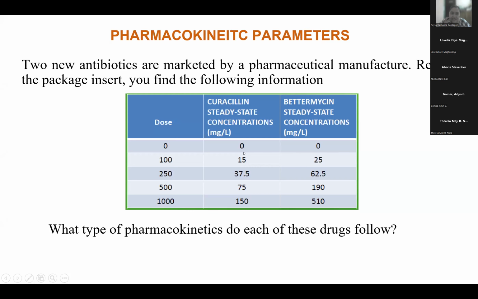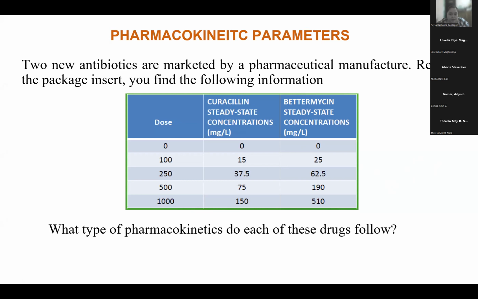So most likely, curacilin follows zero order kinetics. So as you can see, yung steady state concentration niya din, kasi kung balik rin natin, you'll have the half-life, no? The steady state concentration follows class A constant increase if you increase the dose. And that is the reverse, the other way around for the betamycin.